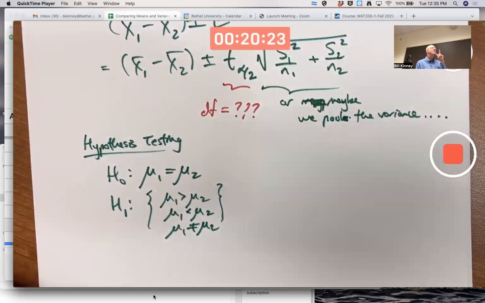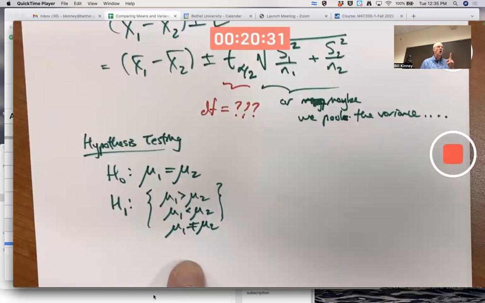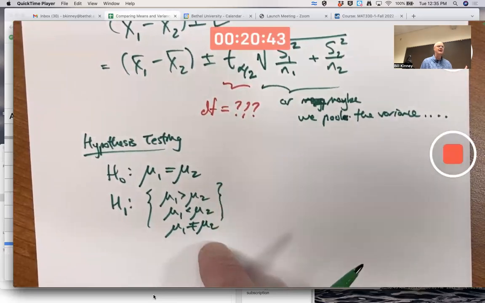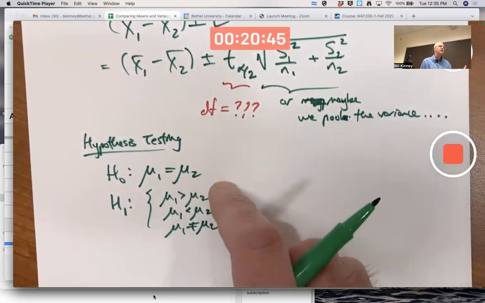One point of philosophy here that I haven't mentioned is that some people always do two-tailed tests, even when they have a theory, maybe that mu1 is bigger than mu2. Why would they do a two-tailed test if they think mu1 is bigger than mu2? Because they're conservative, statistically speaking.